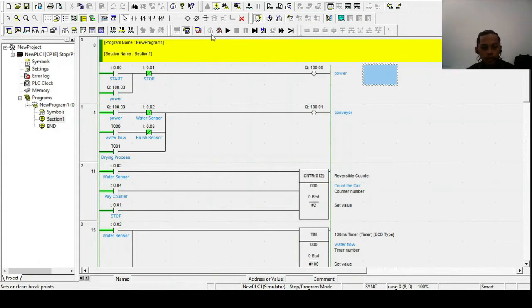Now I will explain a little bit about question one. For question one, we do the PLC for the car wash center. For this task, the inputs are a start button, stop button, water sensor, and brush sensor, and the outputs are a power output to supply power to the car wash center, the conveyor, and all the equipment there.